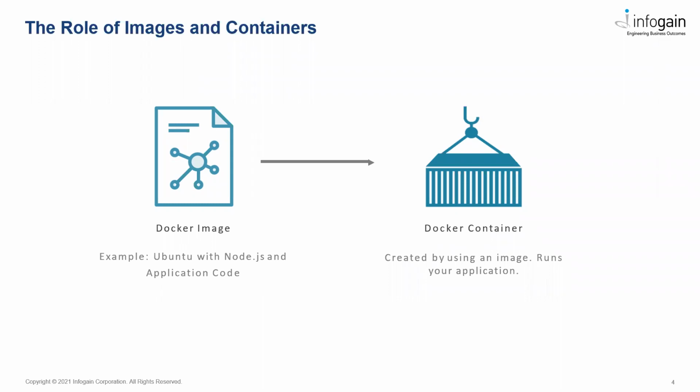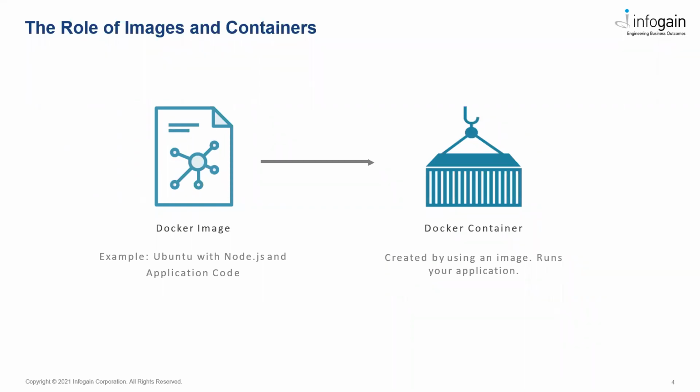It includes your code, of course, on the top. It includes your dependency or the runtime, and it includes your operating system as well. So when you say Docker image, it contains all its own dependencies, everything to run that application which you want to run. That's called a Docker image.